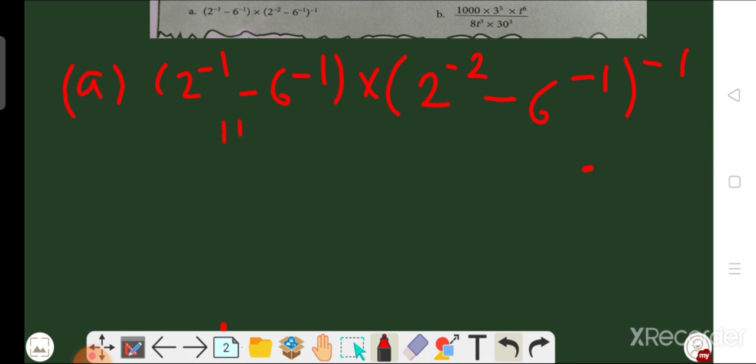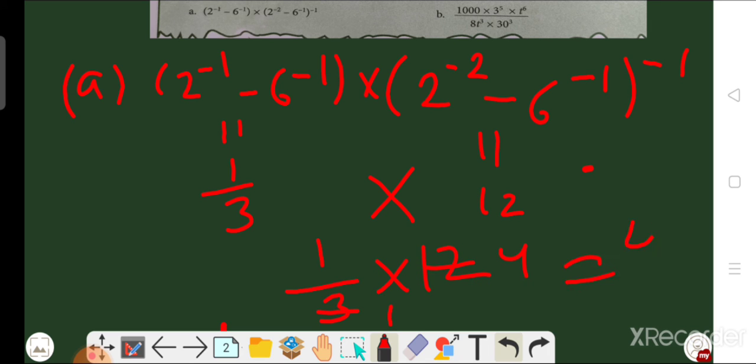This part is equal to 1 by 3 and this is equal to 12 and we have to multiply them. And when we multiply 1 by 3 to 12, what will we get? 3 ones are 3, 3 fours are 12 and this is equal to 4 and this is the answer of your A part. Okay beta. So this is the solution of your A part.